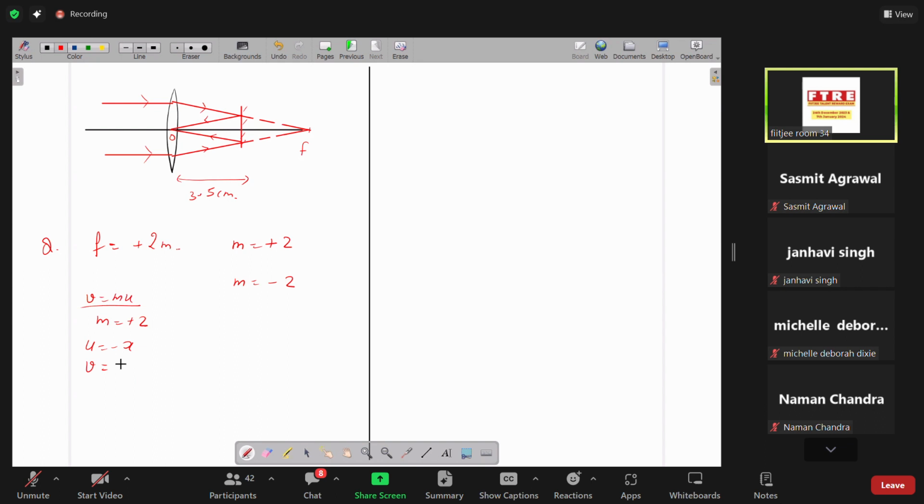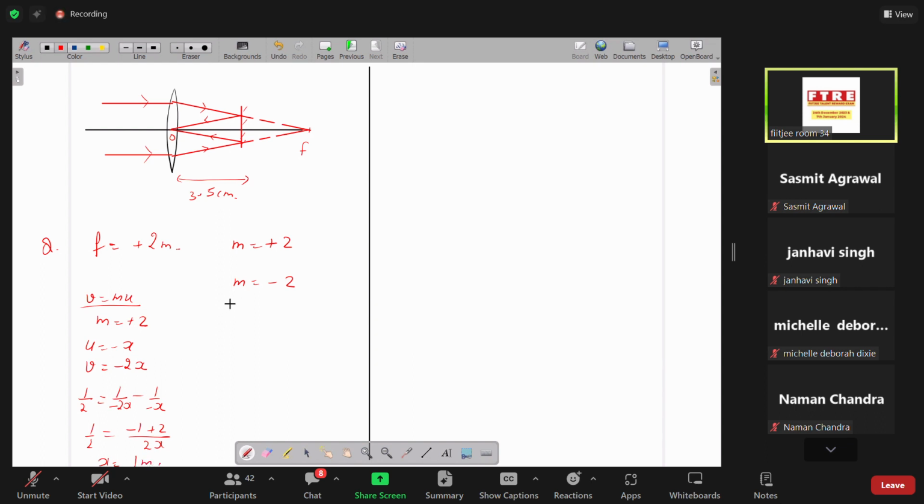So image distance will be -2x. Using the lens formula, 1/2 is equal to 1/v, that is 1/(-2x), minus 1/u. So it will come out to be (-1+2)/2x equals 1/2, so x comes out to be 1 meter.